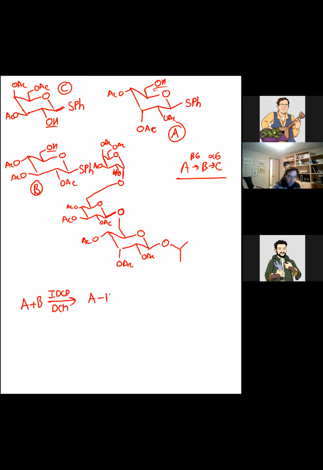I should get AB. The problem, of course, is I can also get BA or BB or AA, because I can get all those different combinations because I have that thiophenol there.